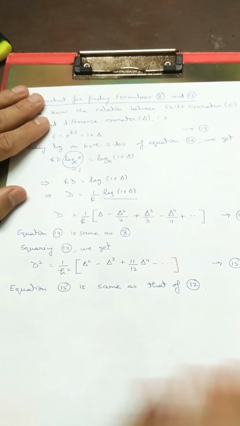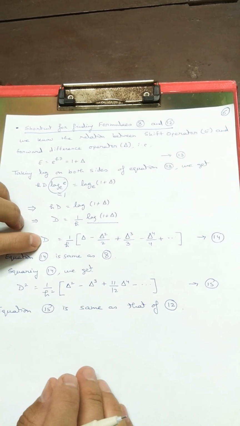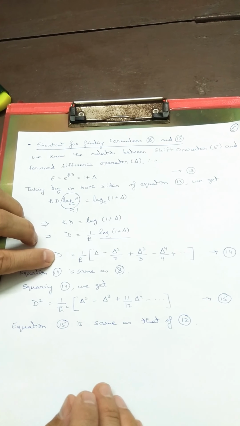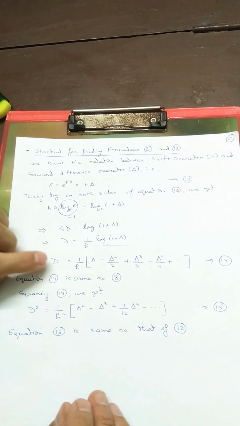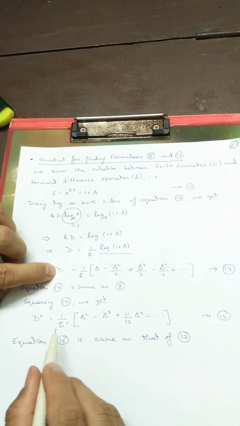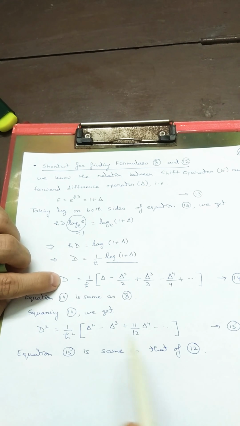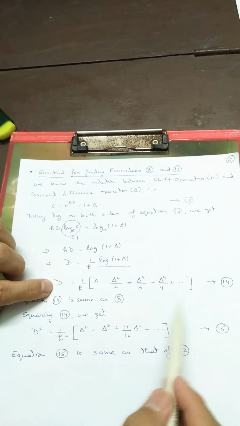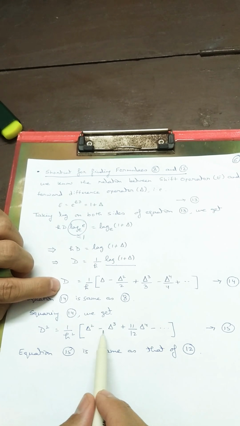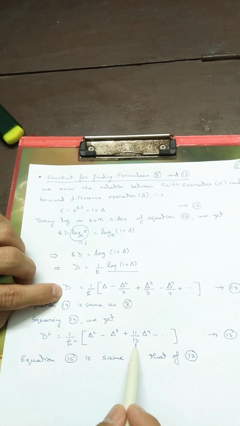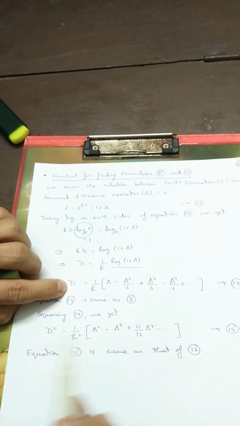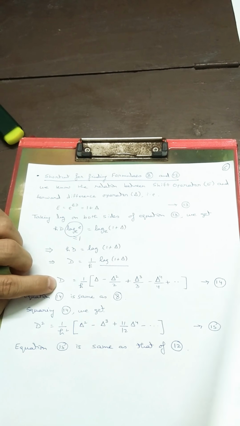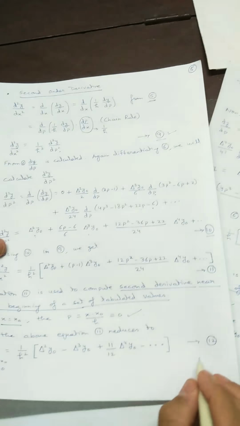Okay, similarly if you take equation number 14 and differentiate it two times, or take a square of it, then you will be getting 1 by h square, and if you take the square of this bracket term, you will be getting delta square minus delta cube plus 11 by 12 delta 4 minus similarly other terms, which you can see is the same as that of equation number 12.